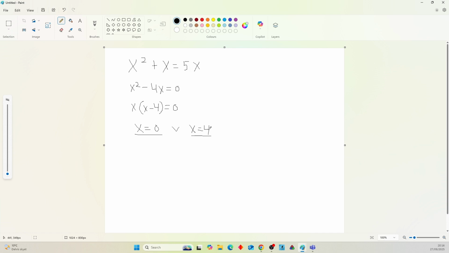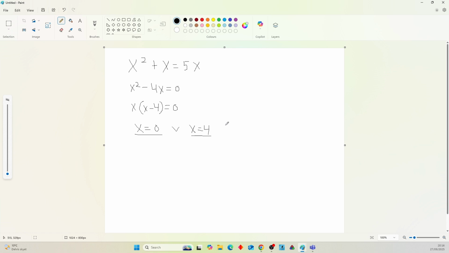What about 4? 4 squared, that's 16, plus 4, that's 20, and equals 5 times 4. 5 times 4 is also 20. So you have left hand side equals right hand side, meaning our two solutions are correct.